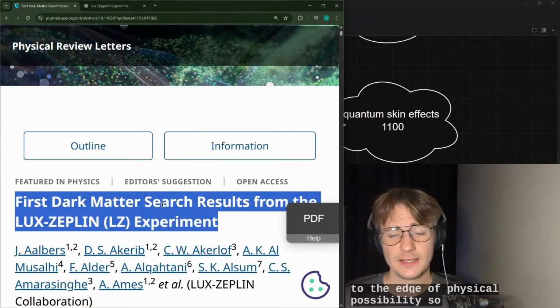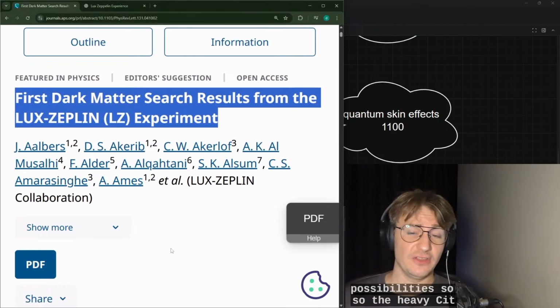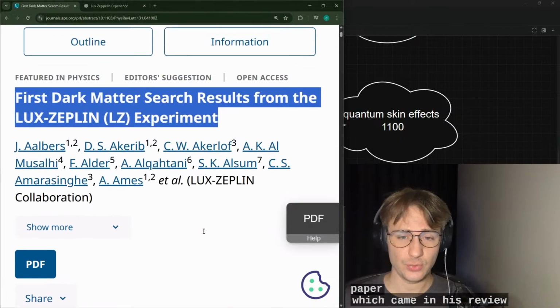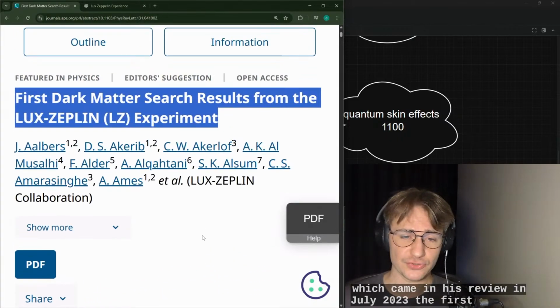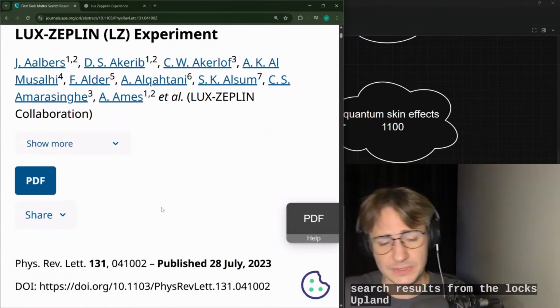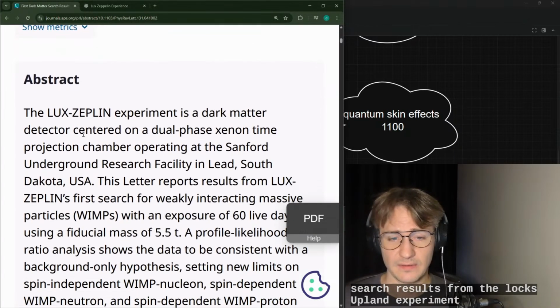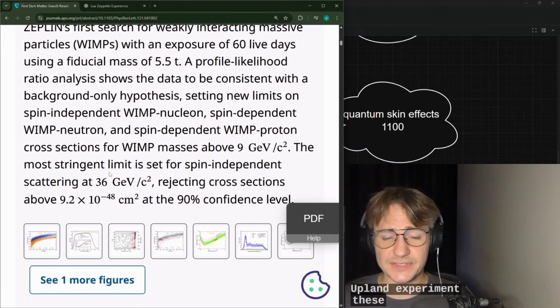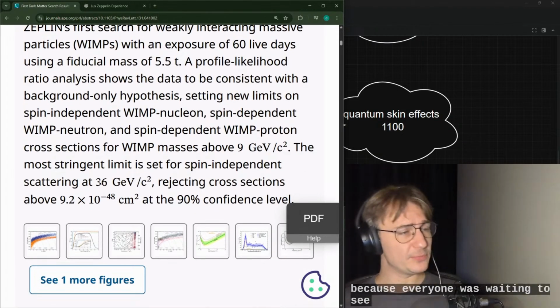The heavy citations on this paper, which came out in Physical Review Letters in July 2023, the first dark matter search results from the LUX-ZEPLIN experiment. These were heavily cited because everyone was waiting to see if WIMPs were real.